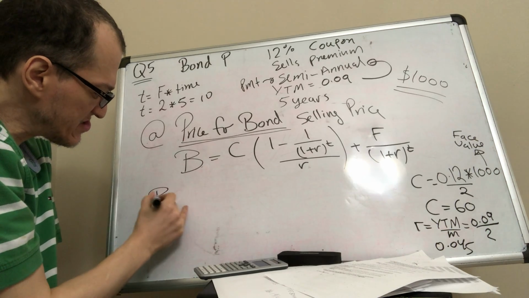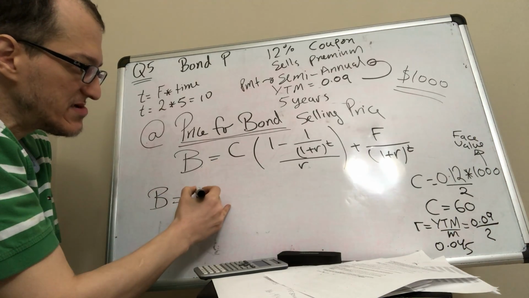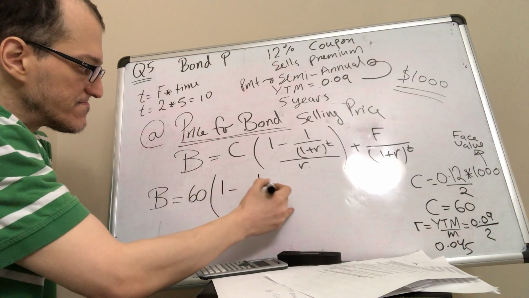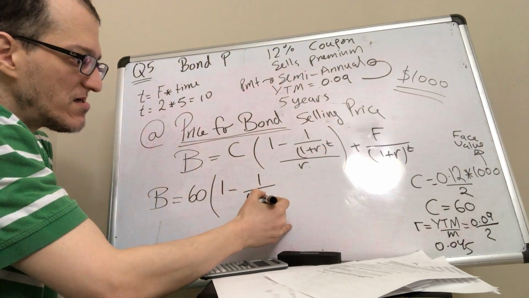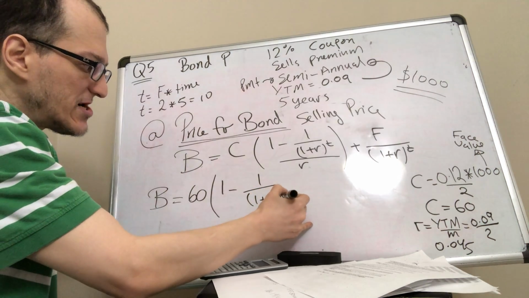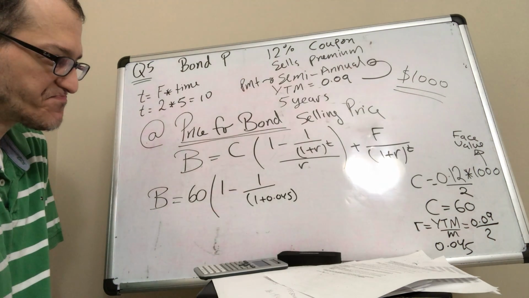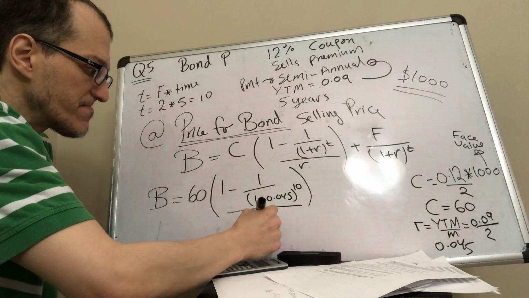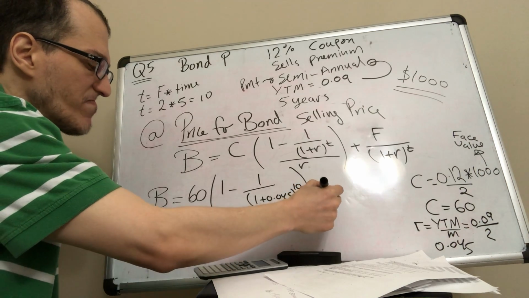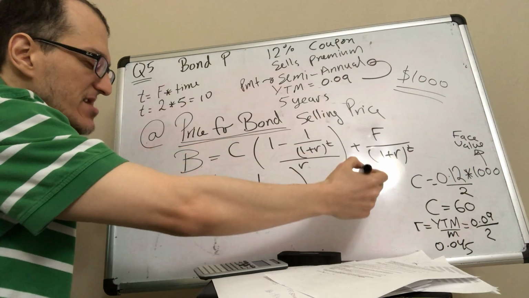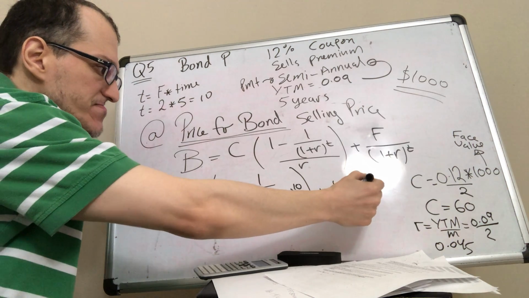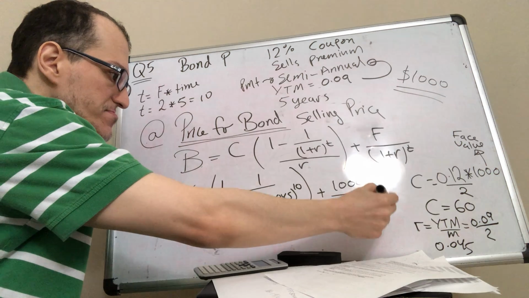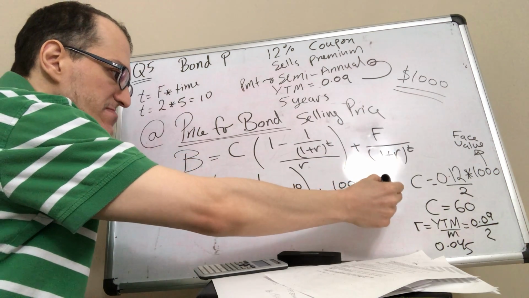So we put everything in this formula. This number is 60. R is 0.045. This number is 10. 0.045. And face value is 1000. And this one is 10.